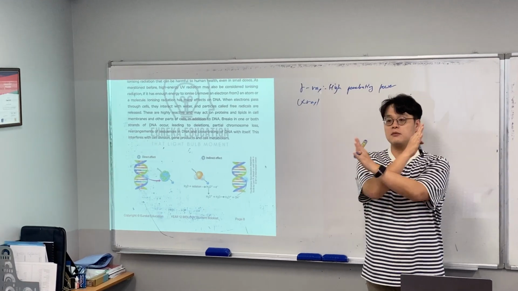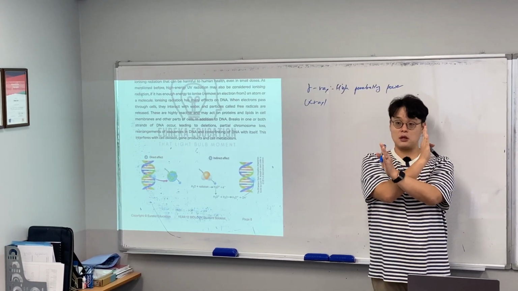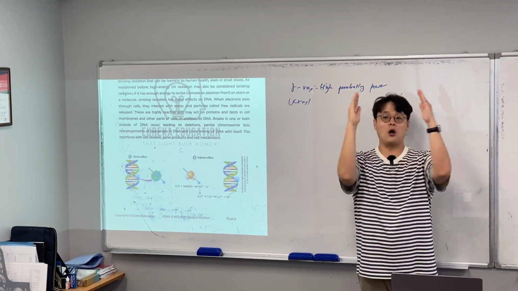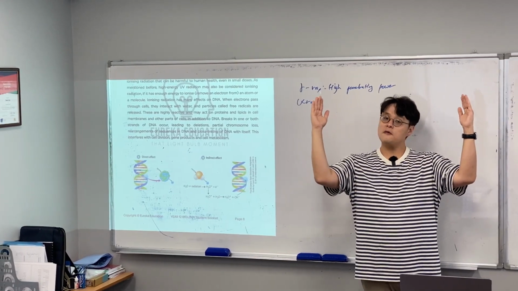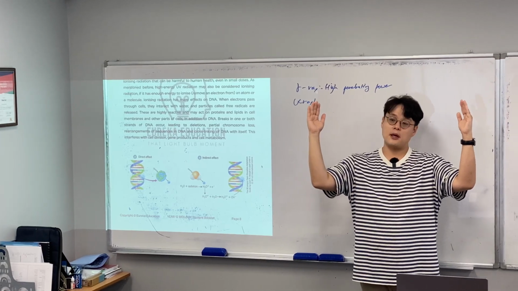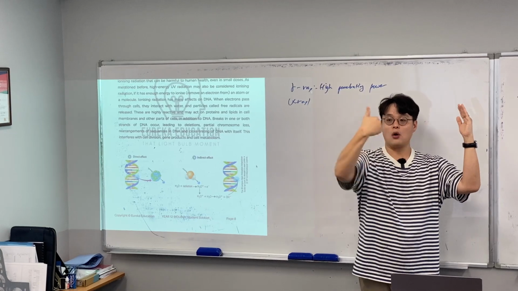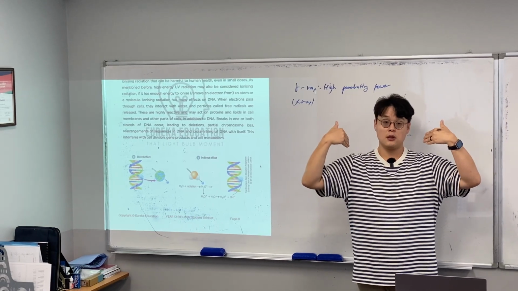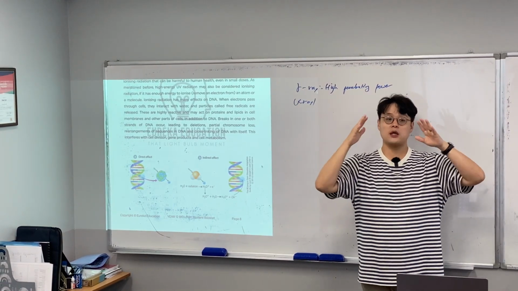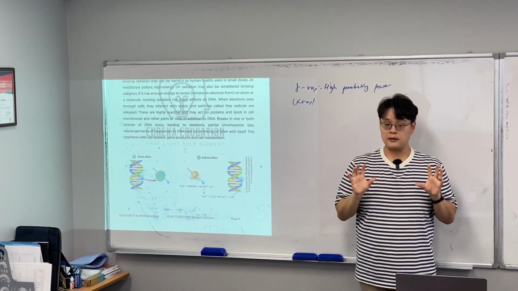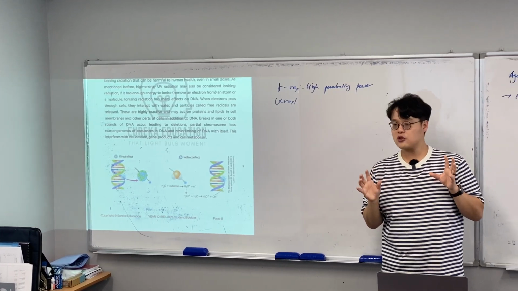Whilst we're having DNA replication, the backbones are open like this. If we get exposed to gamma rays and X-rays, they can directly alter all those sections. This can change the whole structure of the DNA and cause significant mutations.